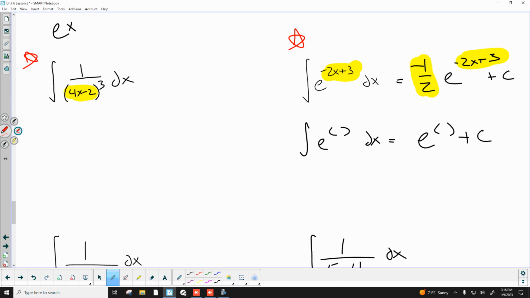1 over 4x minus 2 cubed. Step 1 would be to write it as 1 over parentheses cubed. Now, if this was 1 over x cubed, how do you take the antiderivative of a power?